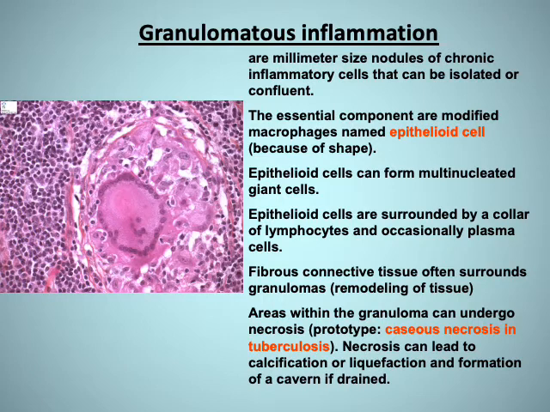They are surrounded by a collar of lymphocytes and occasionally plasma cells. Fibrous connective tissue often surrounds granulomas. Remodeling of tissue: the area within the granuloma can undergo necrosis. Necrosis can lead to calcification or liquefaction and formation of a cavern if drained.